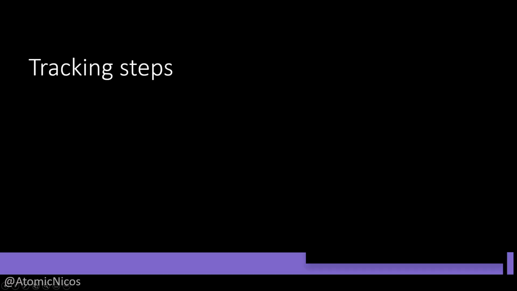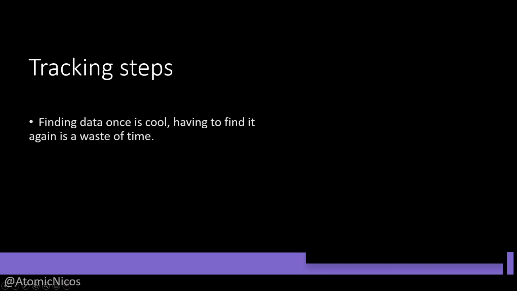So first of all, it's tracking your steps, right? When you find a data point once, it's awesome. You found your data point. Once you're 4 hours later into your investigation and you need to find it again, you're losing time. And okay, Trace Labs is a competition, right? That's fine. Losing time is an issue.